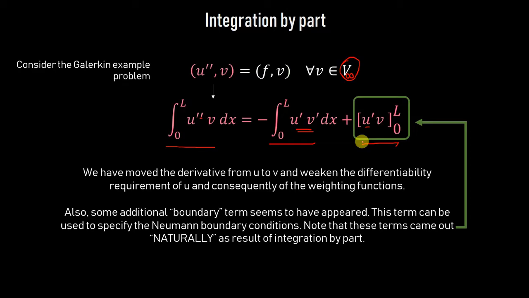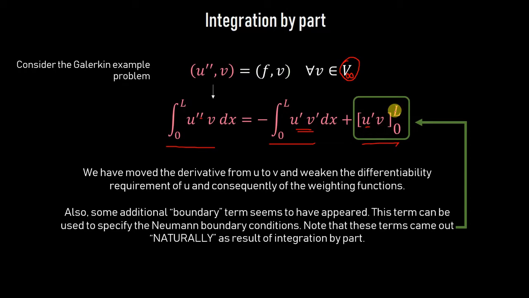So we can directly use this term. We can just put in the value of U dash, whatever the problem requires, into this expression to directly satisfy the Neumann boundary condition. We need not construct those g of x, those superior boundary functions, to satisfy this condition.